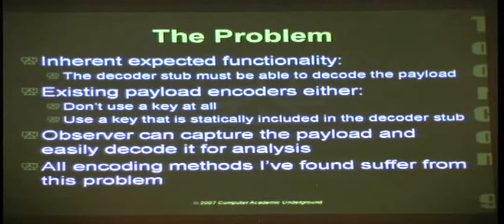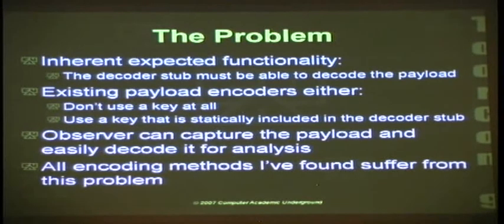If you're an observer watching this type of attack traffic go across the wire, you can capture the payload, and if you want to find out what it's doing, you just execute it in a virtual machine or an emulator, and you can decode it for analysis. Most of the ones that I've found suffer from this problem.